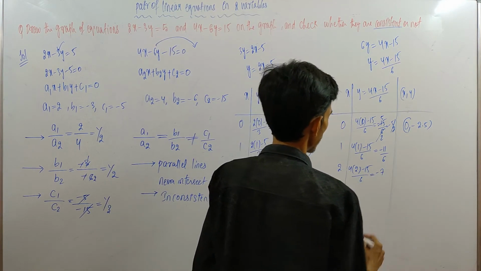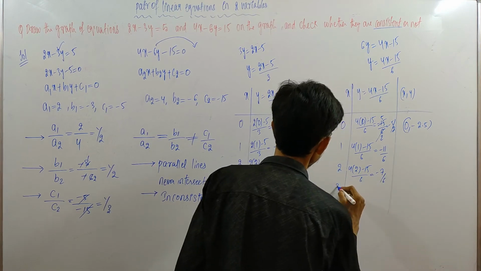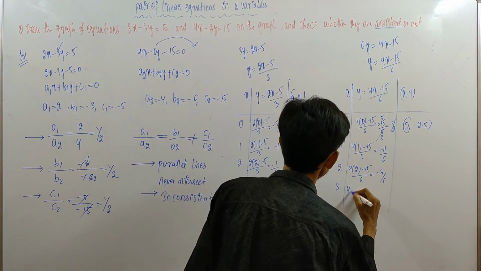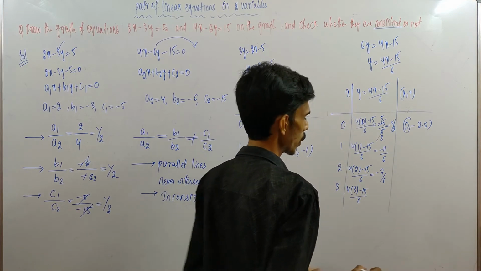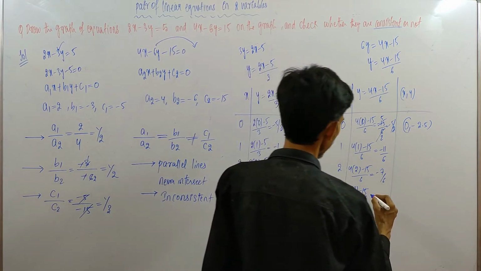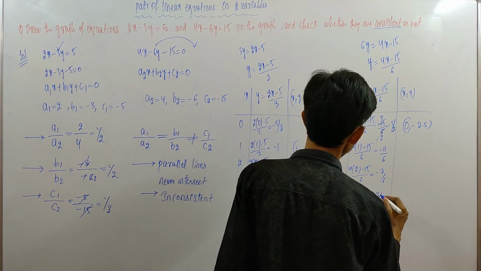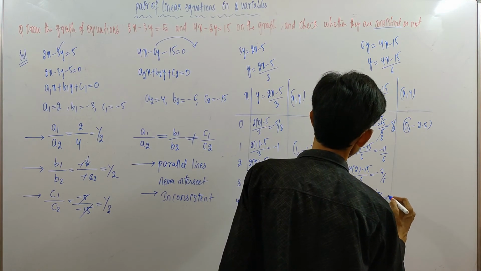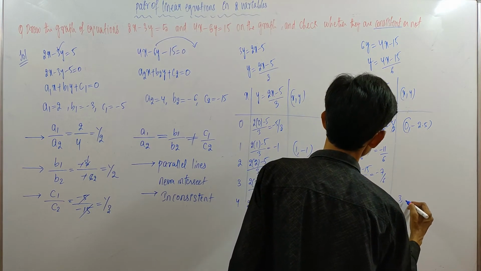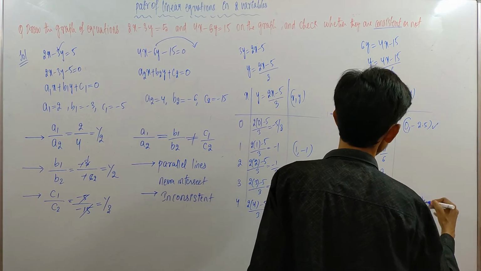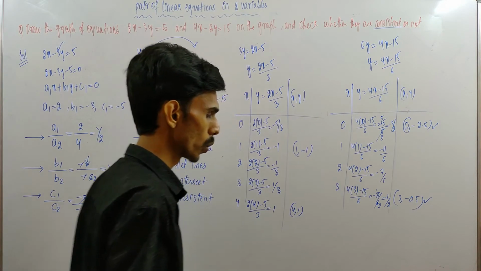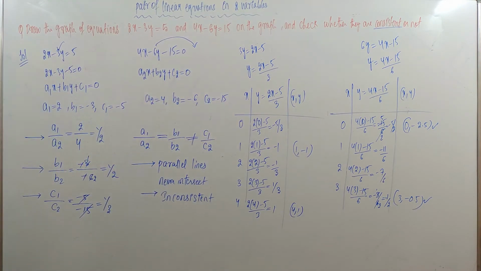Minus 7 by 6. Take x value 3. 4 into 3 minus 15 divided by 6. 4 threes are 12. 15 minus 12, we have minus 3. Minus 3 by 6. 1 three, 2 threes. So we have minus 1 by 2. That is 3 comma minus 0.5. These 2 points are enough to plot the graph.